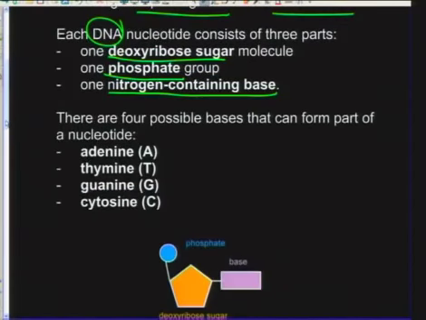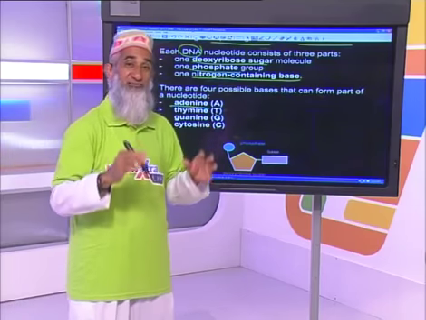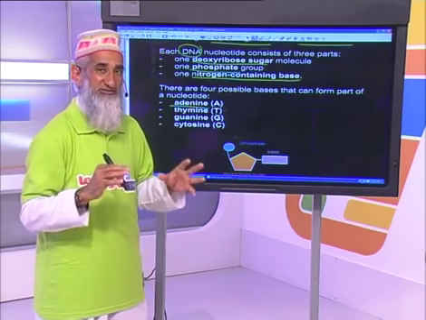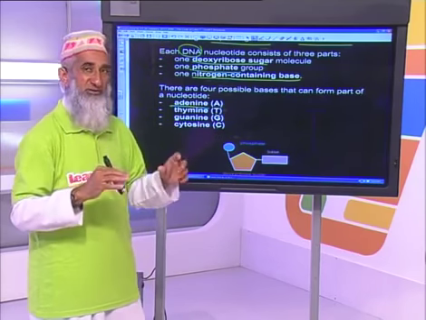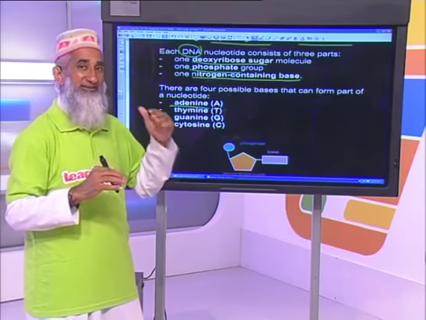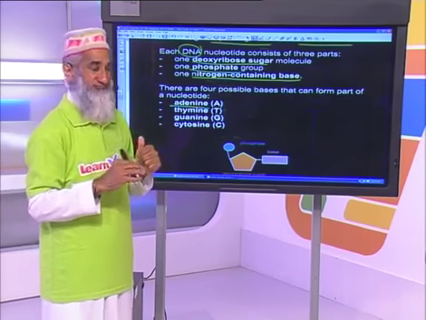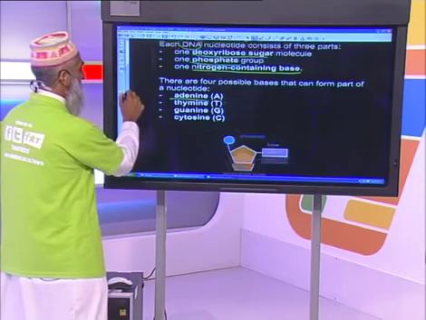There are 4 possible bases. What are they? Adenine, A, thymine, T, guanine, G, and cytosine, C. Those are the 4 types of nitrogenous bases one would expect to find on a DNA molecule. Okay? Now let's look at the structure.